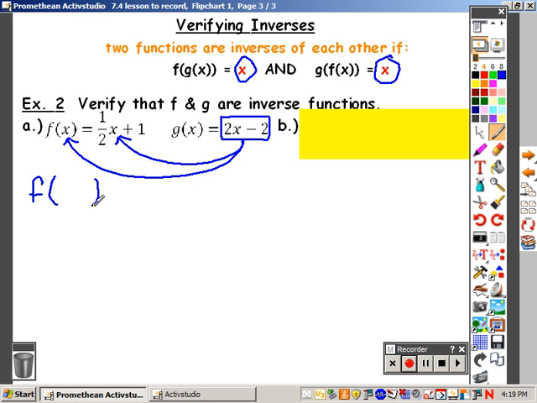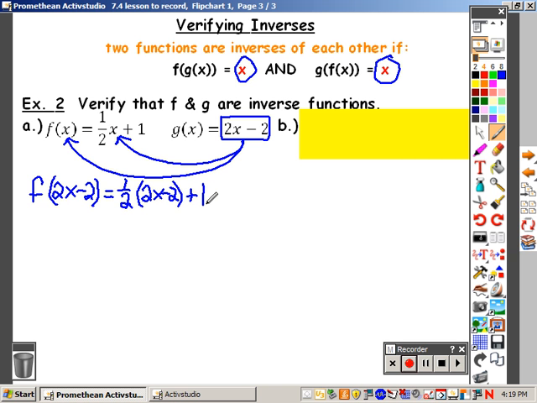It's the stuff we put a box around. So f of 2x minus 2 equals, now I have to plug that in on the other side too. So 1/2. Now, whenever I put something and I plug it into an equation, what do I need to put around it? Parentheses. I'm going to put 2x minus 2 in there, and then go up here and look. We have to finish the rest of the equation where it says plus 1.